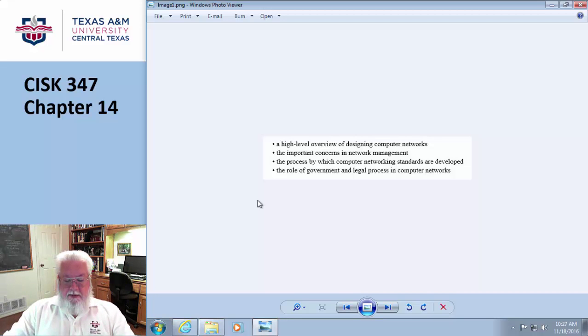Okay. All right. The first thing after you've gathered all the requirements, you can start the design process. And the first design part is kind of simple. It's called a logical design. And a logical design is not a shopping list, okay? It's not a list of things to go buy.